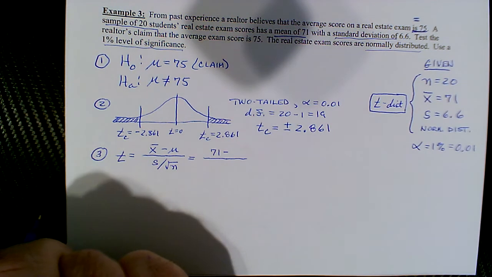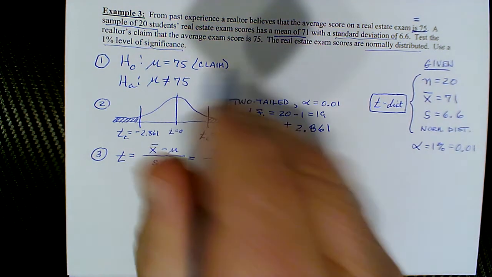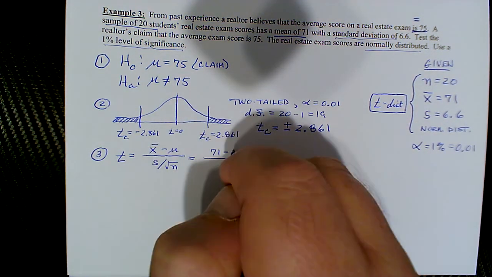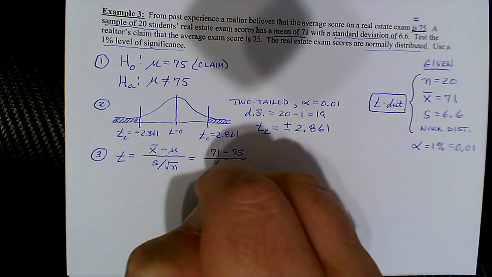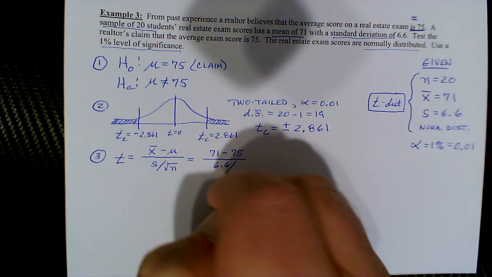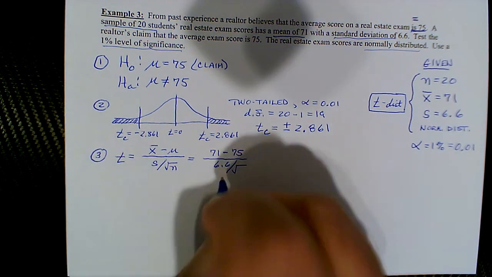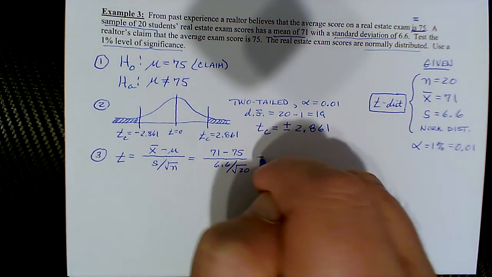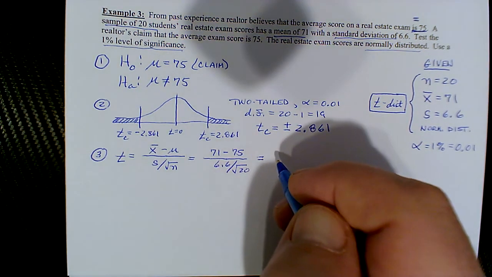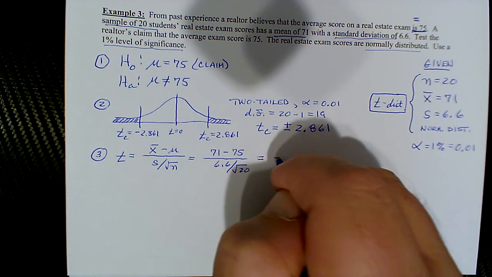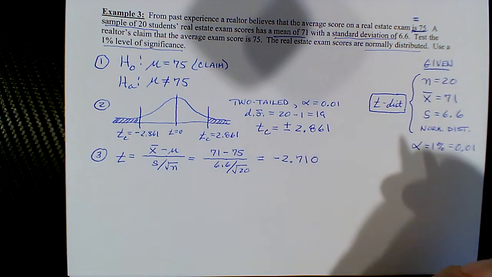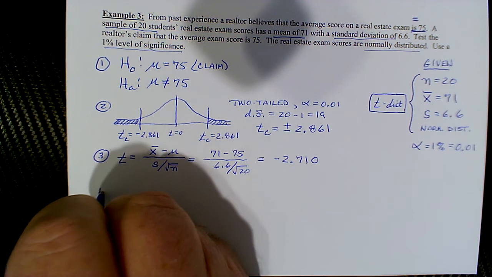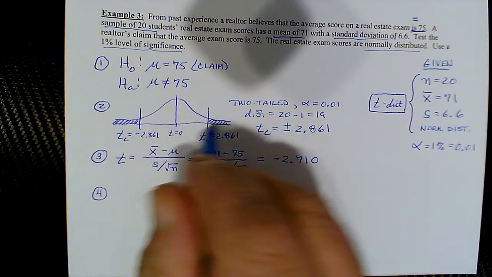Again, mu is always the hypothesized population mean, in this case 75, divided by s, which is 6.6, over the square root of n, which was 20. So we crunch that down, we get negative 2.710. And then our decision, okay, go to the chart, negative 2.710.